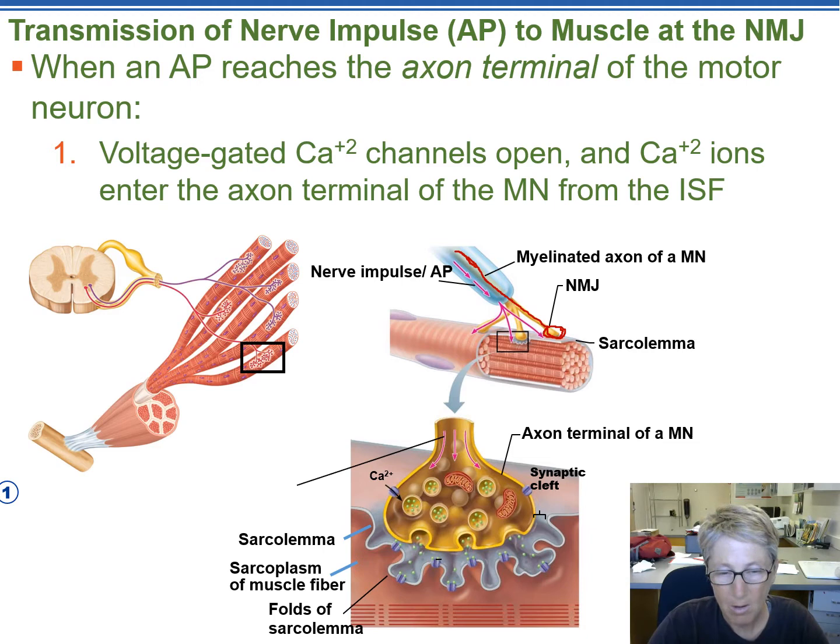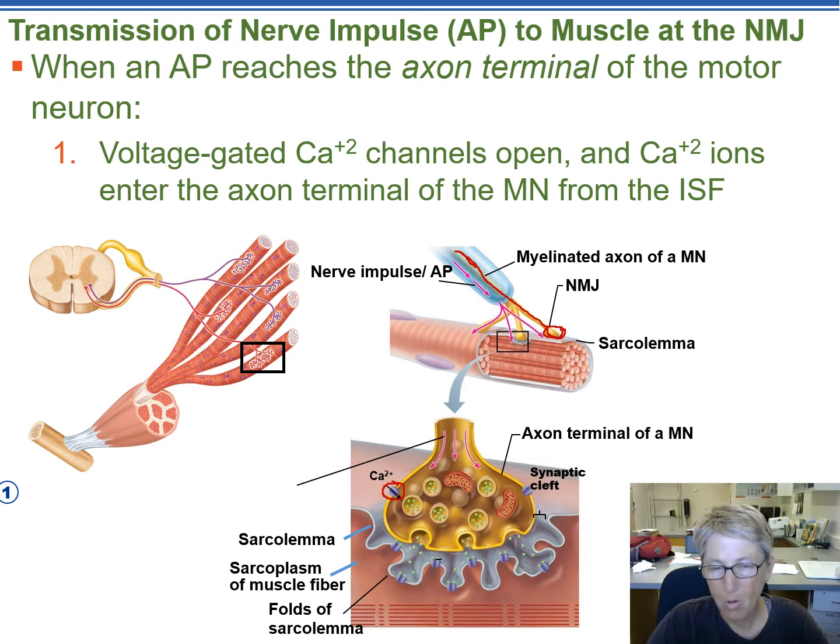And these channels here are voltage-gated calcium channels, and they sense that change in electricity that the action potential brought to the axon terminal. These voltage-gated calcium channels open, and calcium rushes in down its concentration gradient from the extracellular fluid into the axon terminal of the motor neuron.